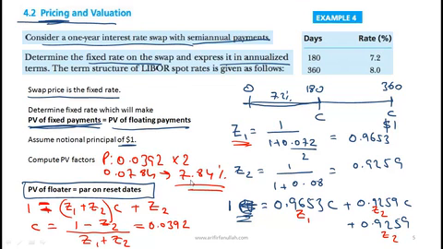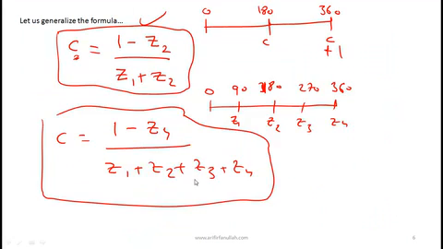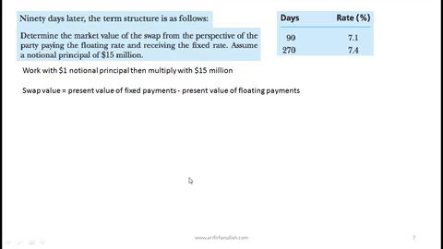Now what do you think you'll have to do next? Next is 90 days later, interest rates change. When interest rates change, what's the value of a swap? So determine the market value of the swap from the perspective of the party paying the floating rate and receiving the fixed rate.